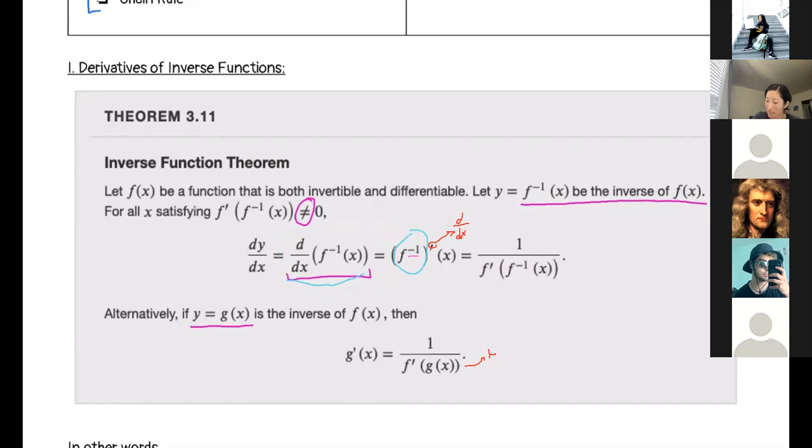Like, what is this saying? If we were to write it out in words, what is that saying? The derivative of the inverse of f of x.